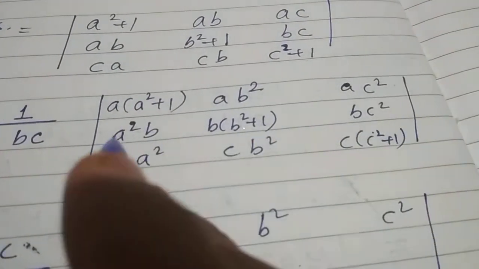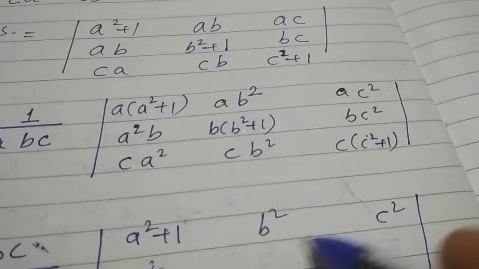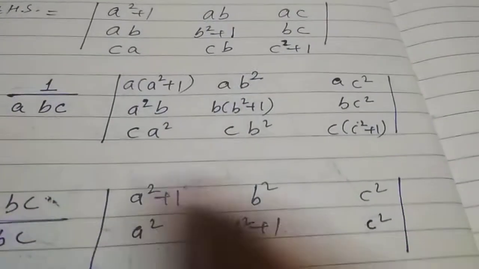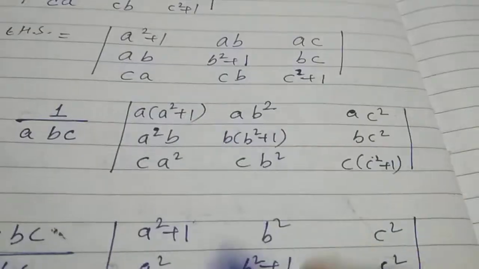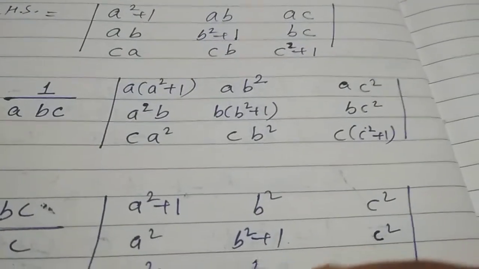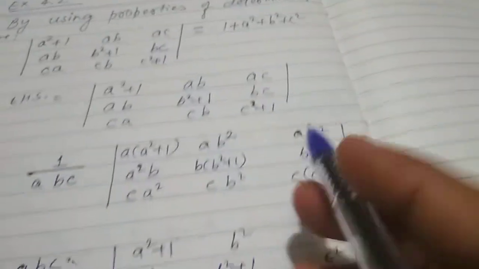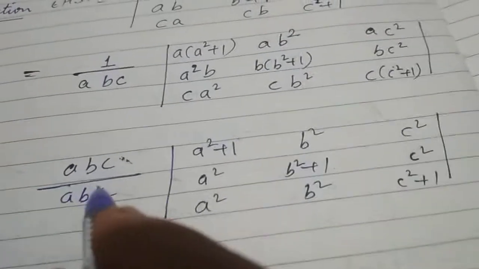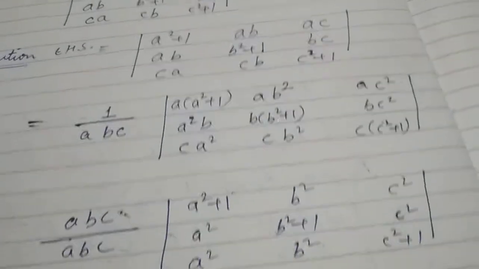Here b is taken out common from the second row, so left out terms a square, then b square plus 1, here c square. Third row c has been taken out common, so remaining terms a square, b square, c square plus 1. So now I am getting the determinant in the desired form, and then I can think about expanding it or first applying the properties, simply adding the columns, not by rows but by columns. So this abc will get cancelled and you will get the answer as 1.